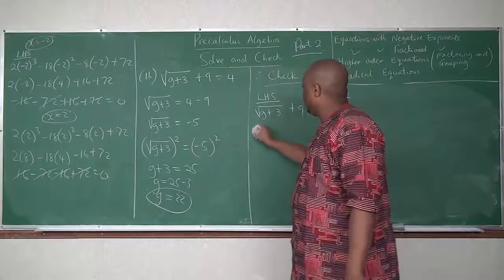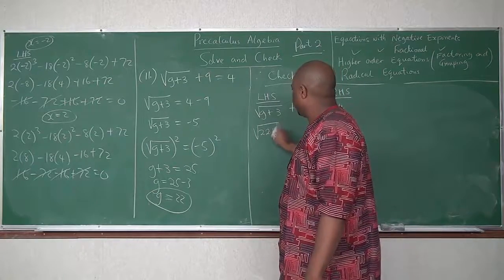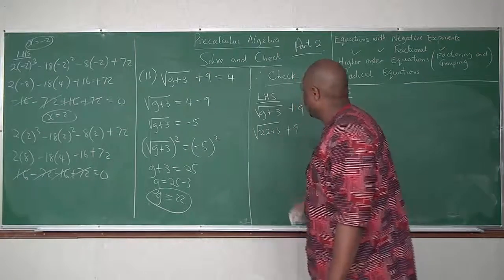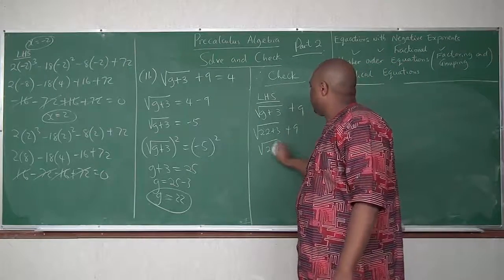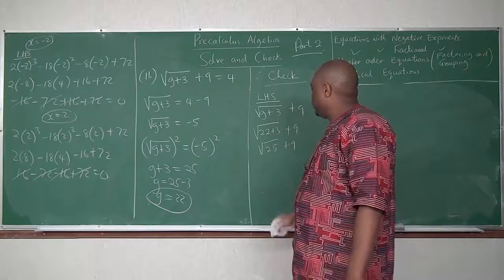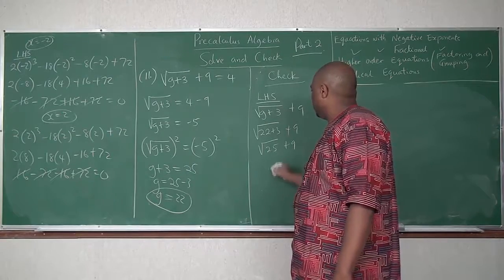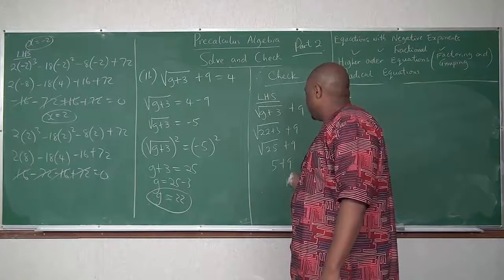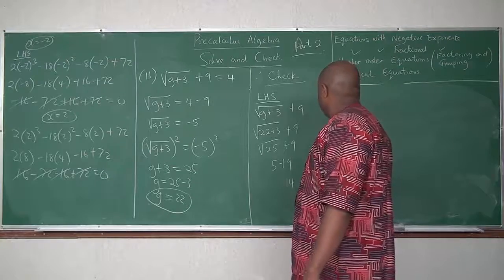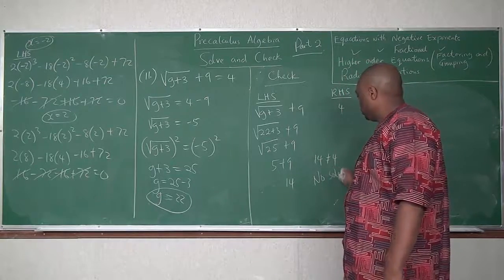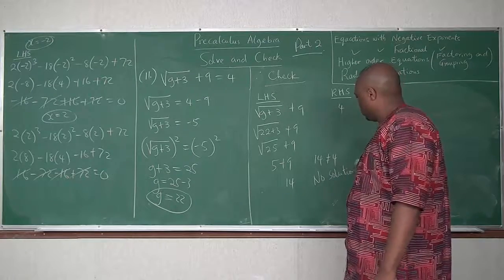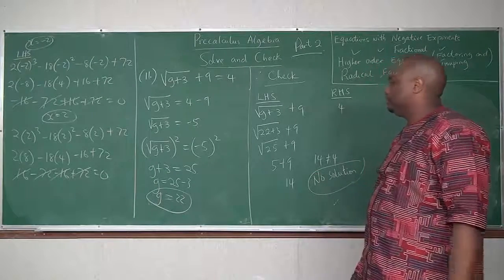So this will be square root of 22 plus 3 plus 9. So this will be square root of 25 plus 9. And this will be 5 plus 9, and that is 14. 14 is not equal to 4. So this is no solution.